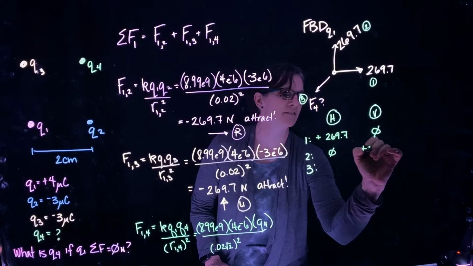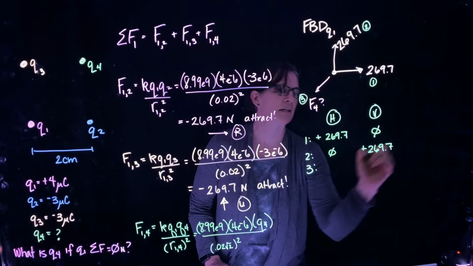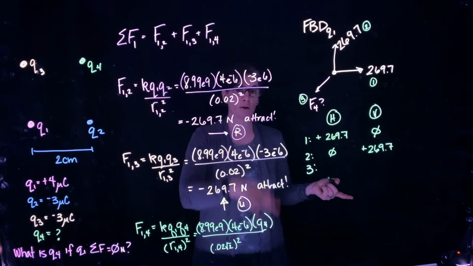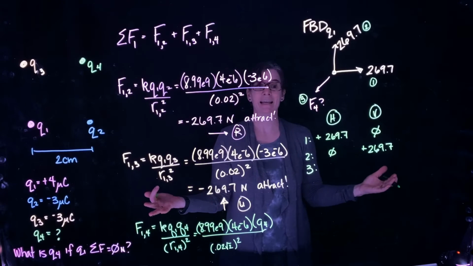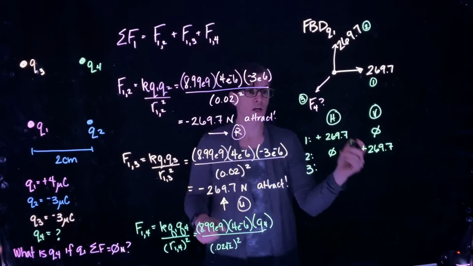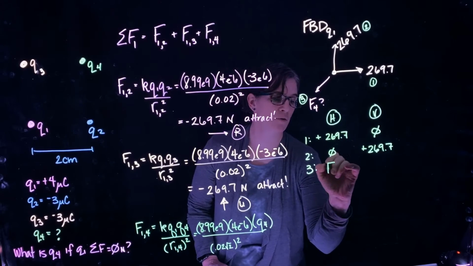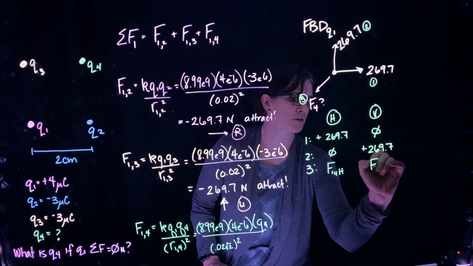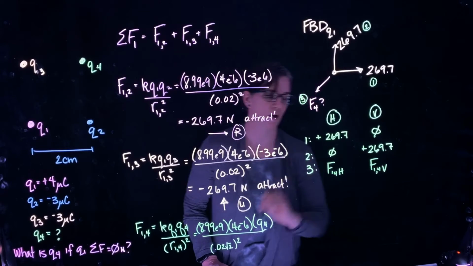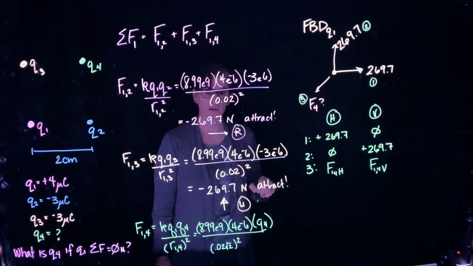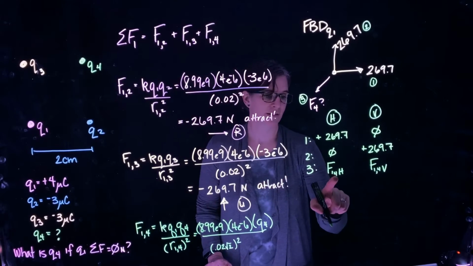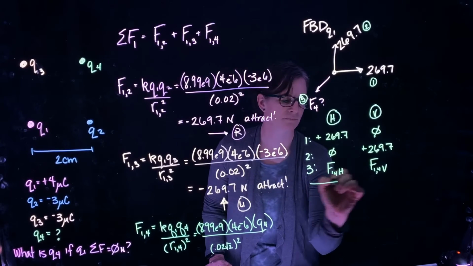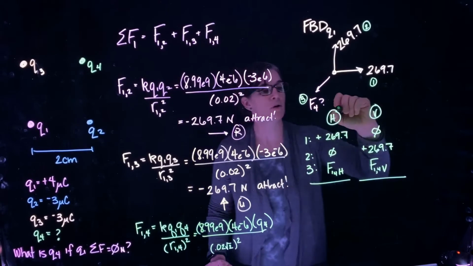It's positive 269.7. There are no horizontal components. Force 4 could have a horizontal component and a vertical component. So we know the force on 1 by 4 has a horizontal component and a vertical component.